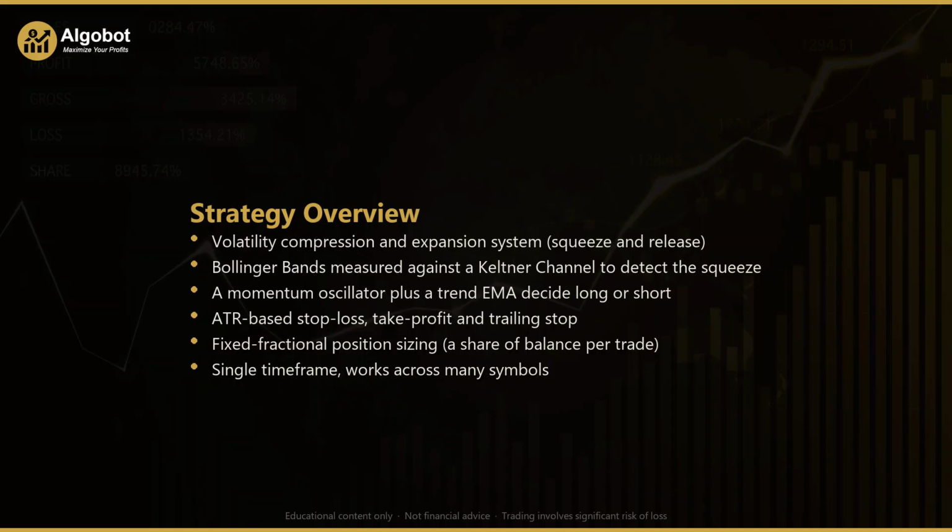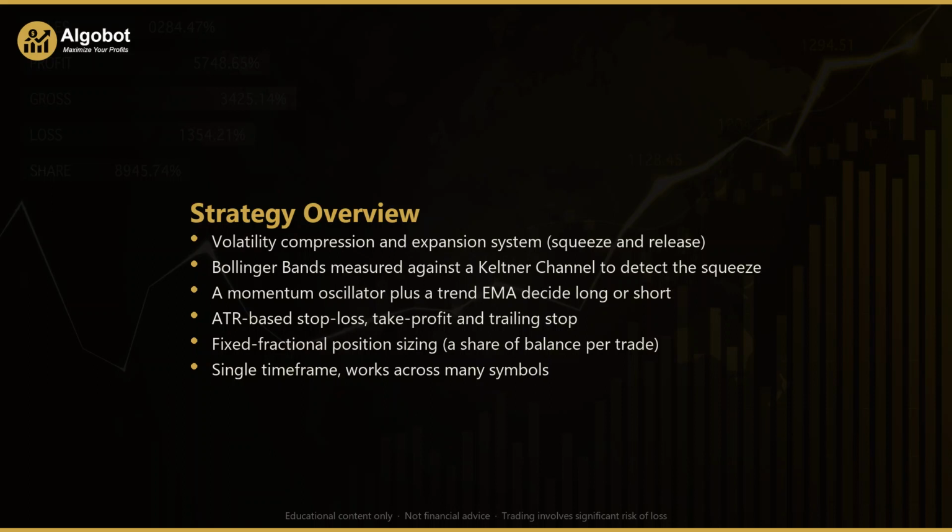To measure this, the strategy layers two well-known volatility tools on top of each other. The first is the Bollinger Band, built from a moving average basis plus and minus a multiple of the standard deviation of closing prices. The second is the Keltner Channel, built from the same basis plus and minus a multiple of the average true range.